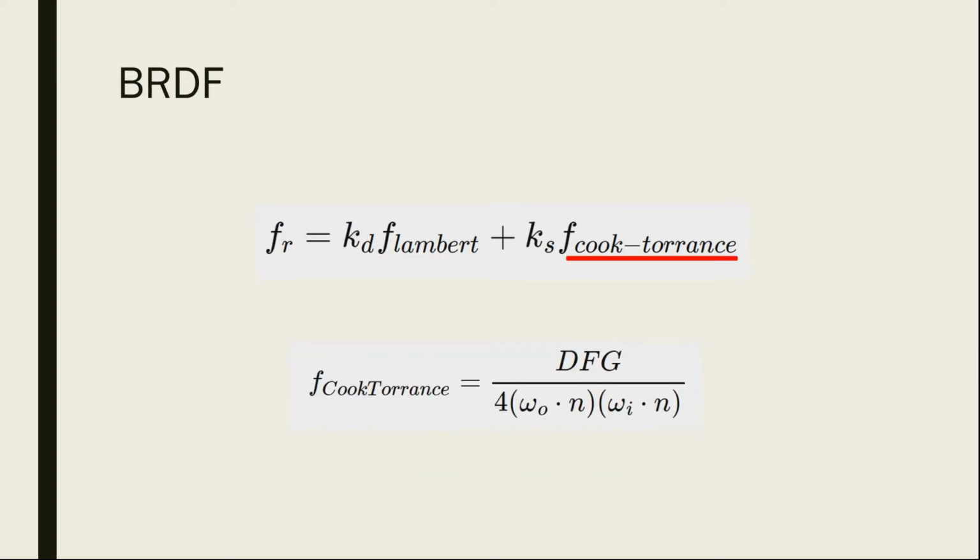And this one is a little bit harder. kS is the ratio of the energy of light that gets reflected. The Cook-Torrance function has three functions inside: D, F, G. D is the normal distribution function, F is the Fresnel equation, and G is the geometry function. And the denominator is just the normalization factor.